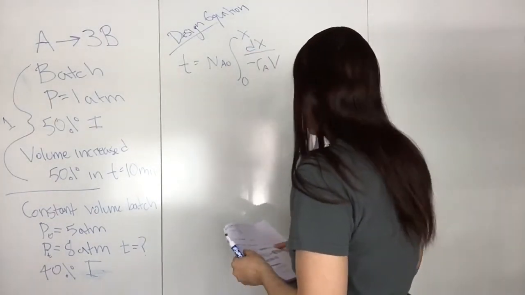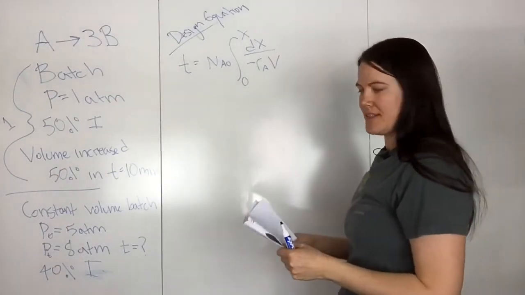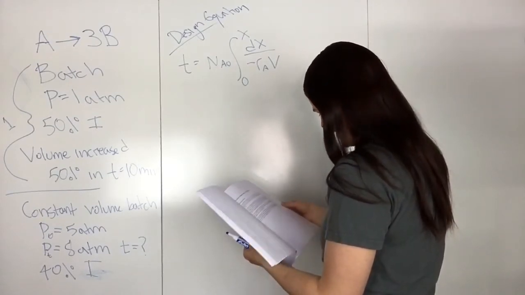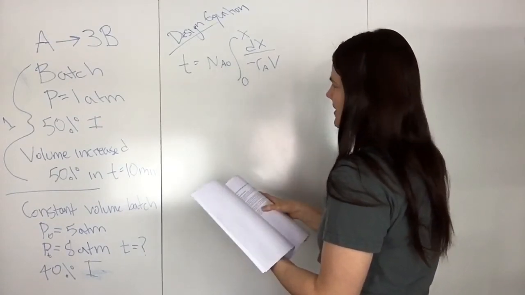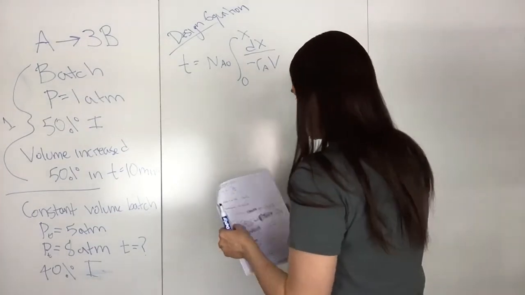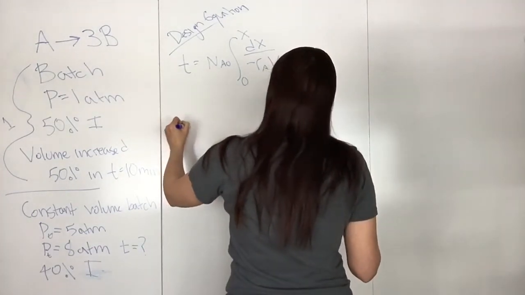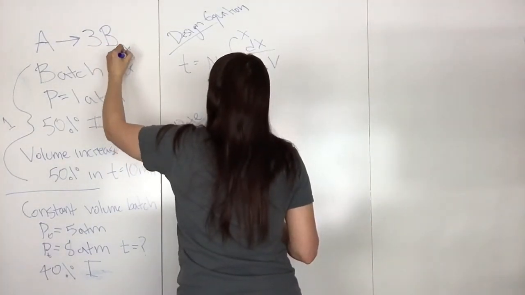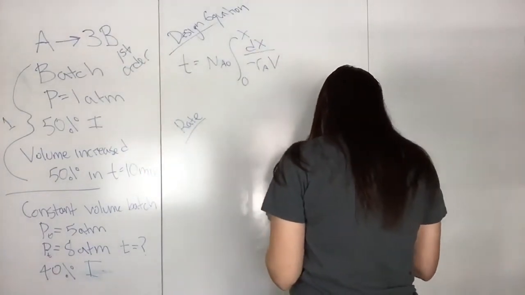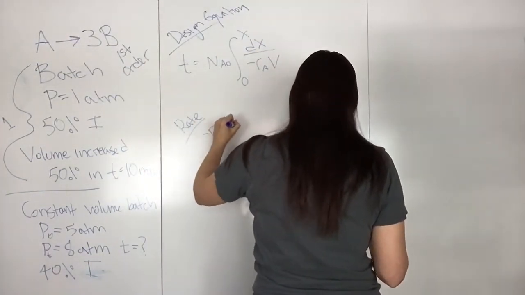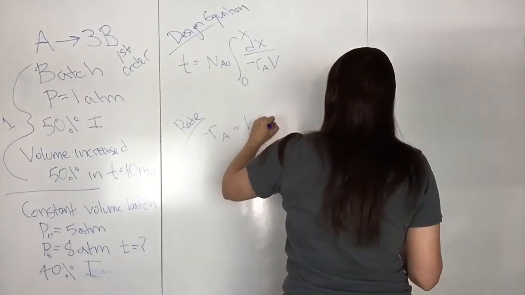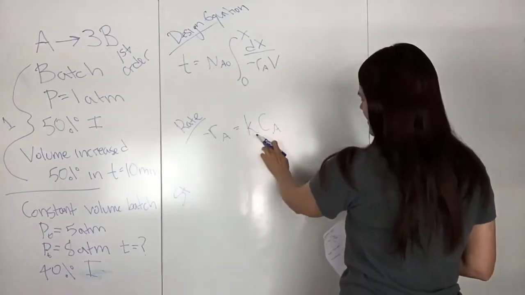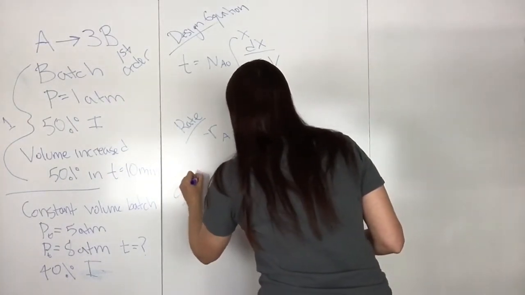And so we're going to need a rate law. So I'm going to also assume that this rate is first order. I don't think it says. Oh, actually it does. It says a first order reaction A to 3B. So rate, and I'm going to write first order over here. So then the rate is equal to K CA, and then we need an equation for CA, so I'm going to do stoichiometry.